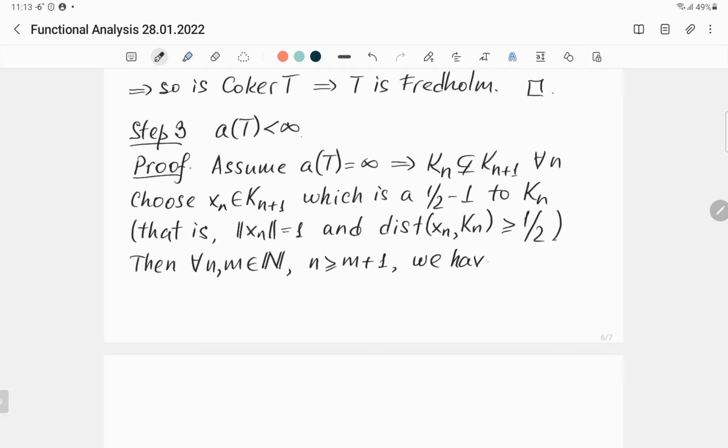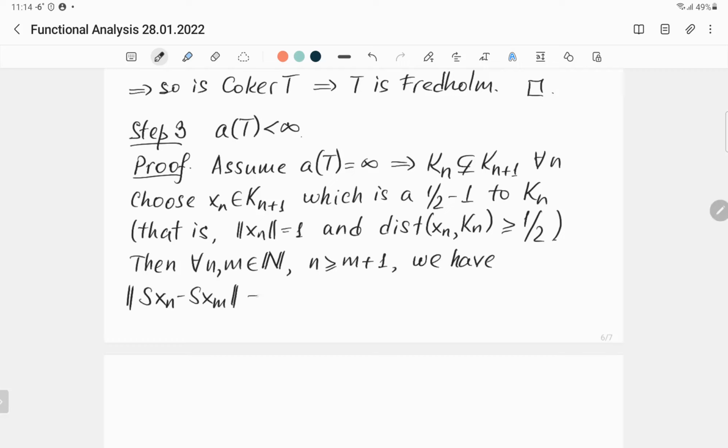And let's try to estimate the distance between Sxn and Sxm. So we'll try to show that this distance is bounded away from 0. If this distance is bounded away from 0, we'll get a contradiction with the compactness of S.